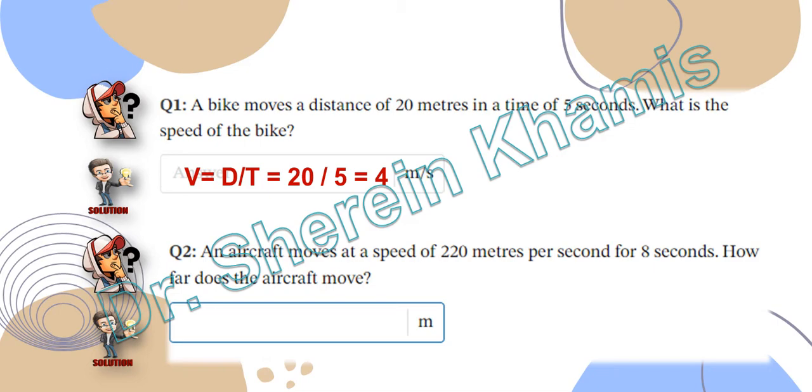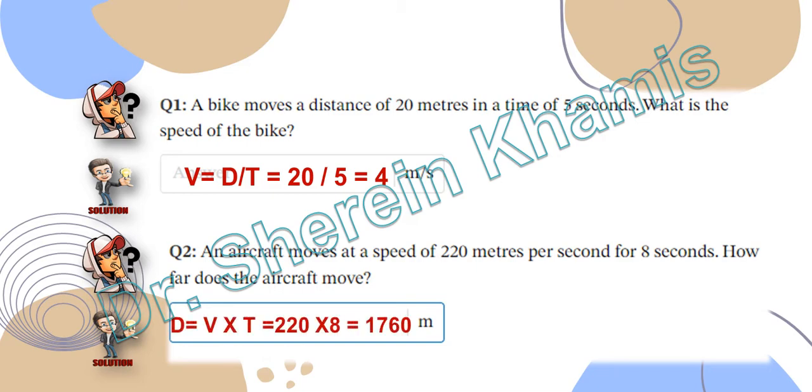We want to get the distance. According to the rule, we have the given speed, 220 meters per second, and time, 8 seconds, and we want to get the distance, which equals v times t.